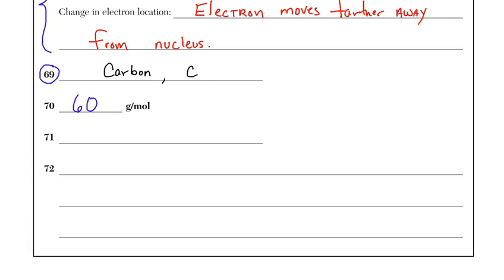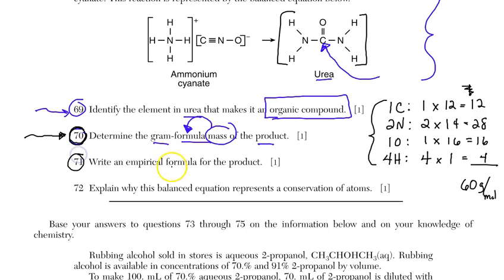Number 71. Write an empirical formula of this product. Well, the actual formula, if we're going to write this, is C, and there's only one of them, N2, there's H4, and then there's an O. Now that's the molecular formula. That's how it exists as its bonds, as its shape.